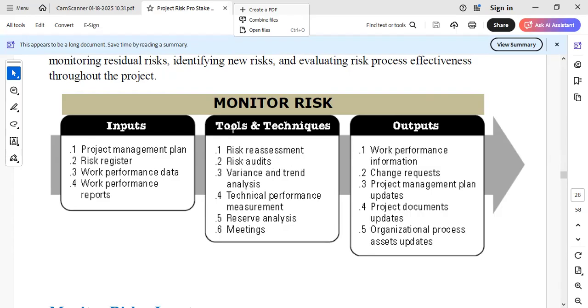So what do we do? We carry out risk assessment. We carry out risk audit. We do variance analysis. We analyze the trend, the way things are going. Are things going incrementally in a way that we will get the desired result?